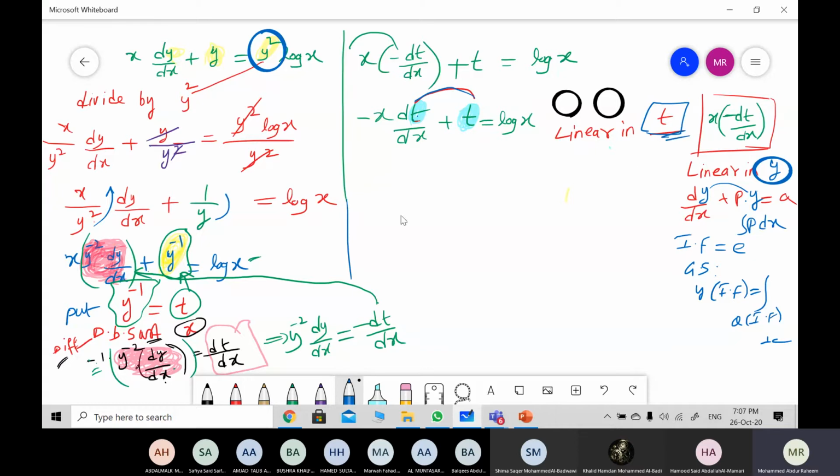Now for linear in t, I will change here and that's it. So here, t. Because it is a linear entity. Now for P, first we need to divide with this, remove the coefficient. Divide with the coefficient minus x, because the standard form has a 1 but here there is an extra minus x, so divide.